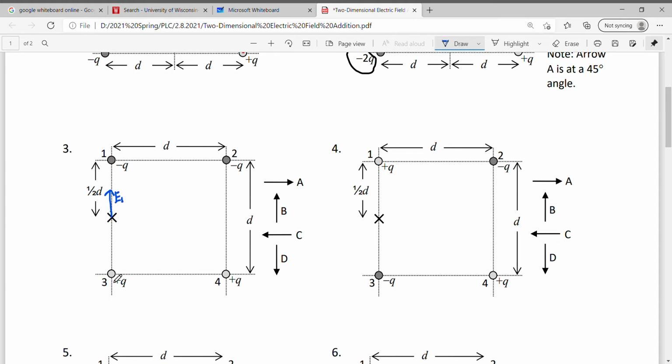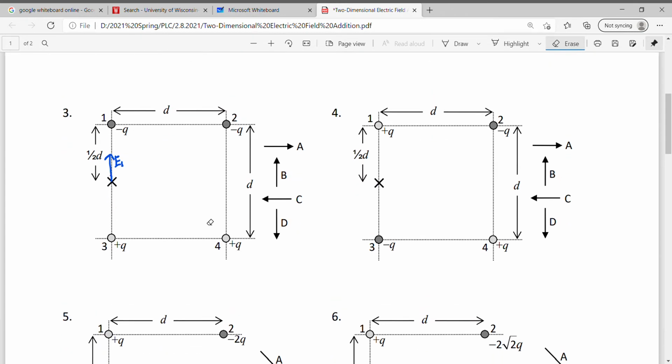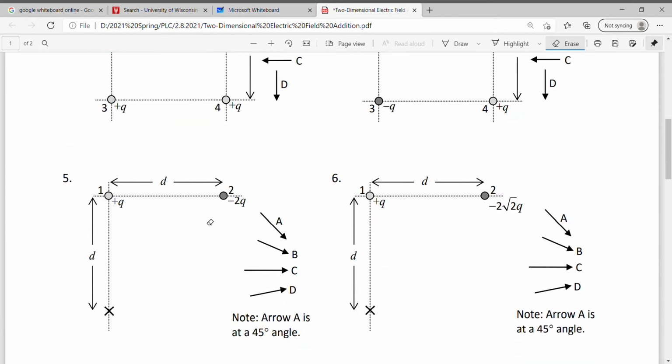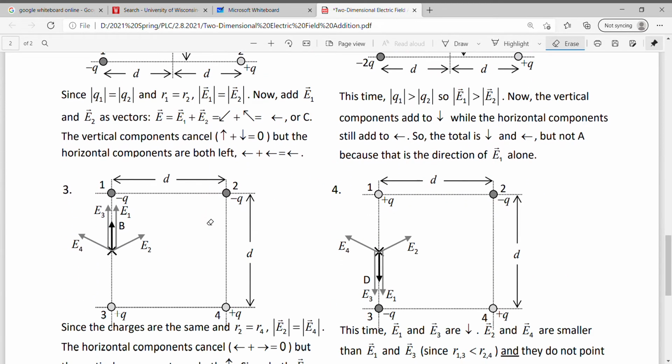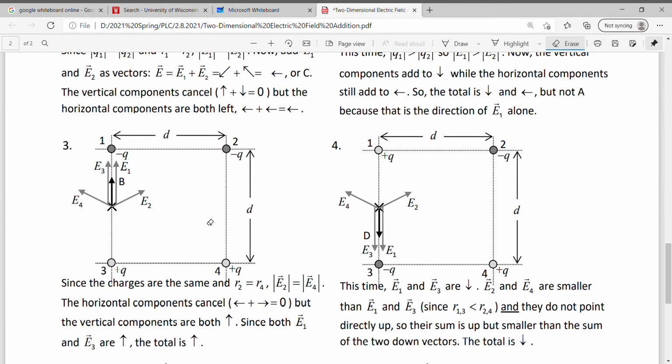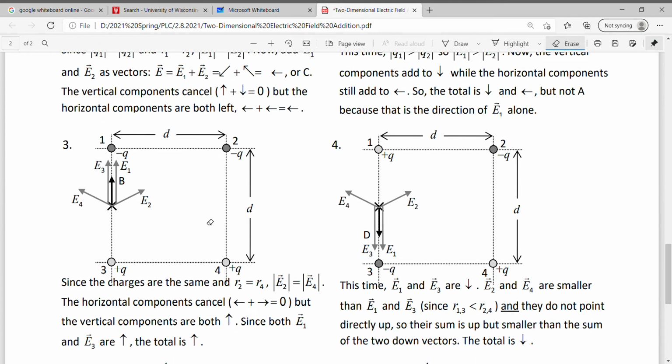And E2 is pointing in this direction. It should be smaller. Well, I think my drawing is sort of bad, so let's see whether the solution key can show these things better.